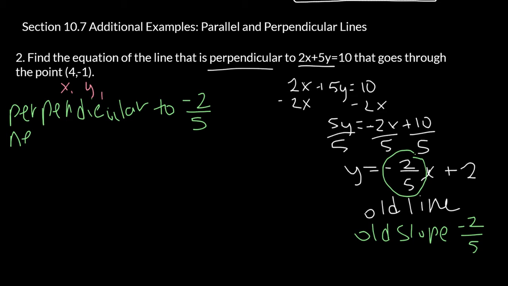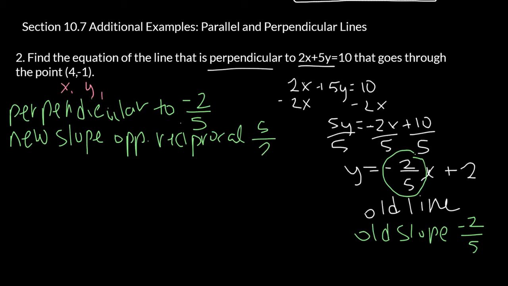So our new slope for this line is going to be the opposite reciprocal of negative 2 over 5. So reciprocal means we flip it to make it 5 over 2. And then opposite means we have the opposite sign with this new slope. So the old slope was negative, so this new slope is positive, so our perpendicular slope is just 5 over 2. So that's the slope that we want to use for our new equation.